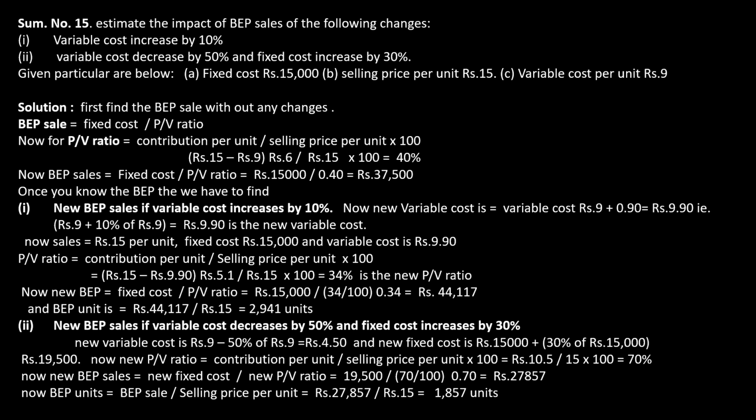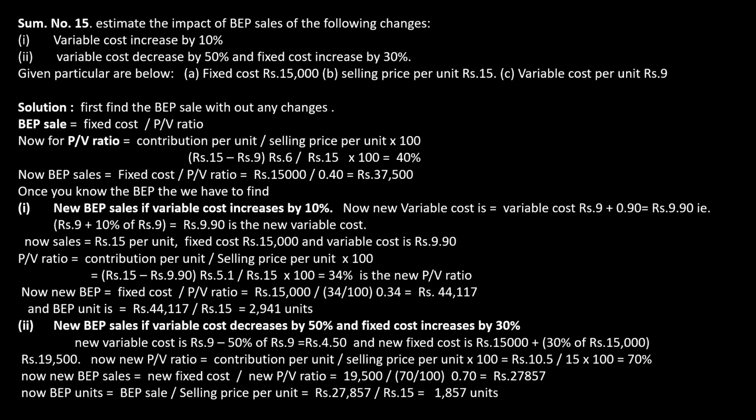For this given data, first we'll find the BEP sales without any changes, that is, without changing the variable cost or the fixed cost. The formula for that, we know, is fixed cost by PV ratio. First I'll find the PV ratio. The data given is per unit, therefore I'll use a per unit formula for PV ratio: contribution per unit divided by selling price per unit into 100.